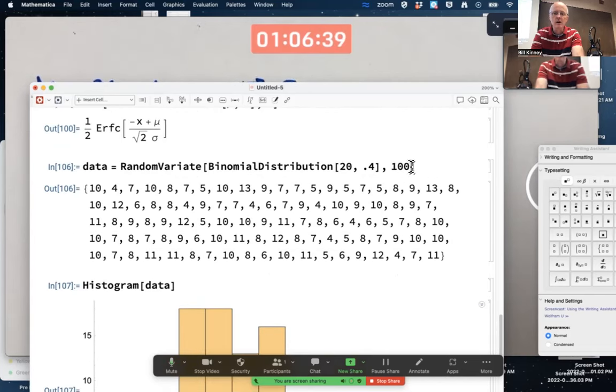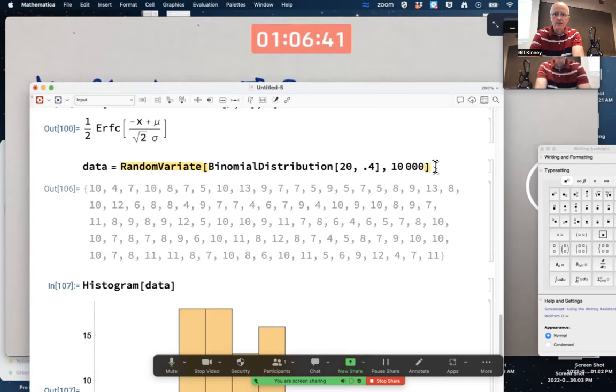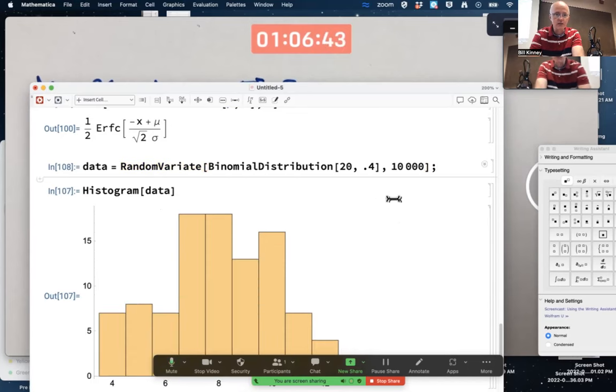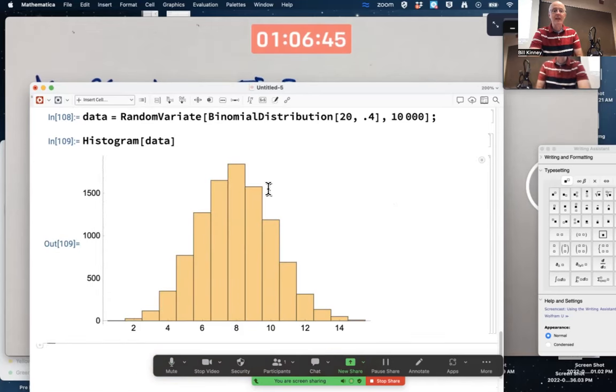Okay, let's do more of them, like 10,000. Oh, that's a lot of free throws. That's going for the rest of my life. Okay, that's looking more like a normal curve, isn't it? What normal curve can I use to model this shape that I see?